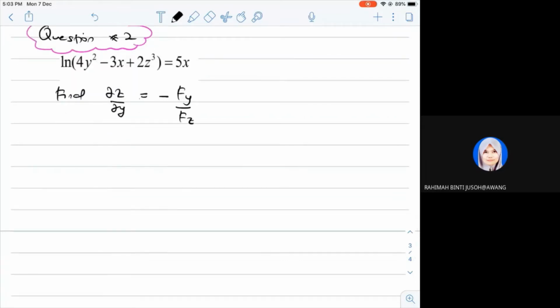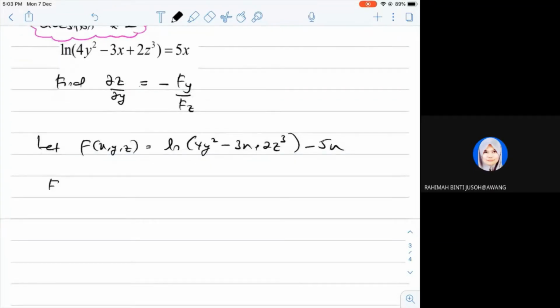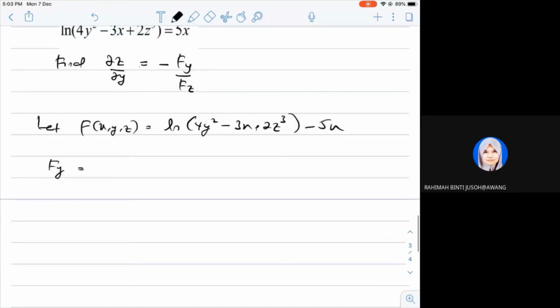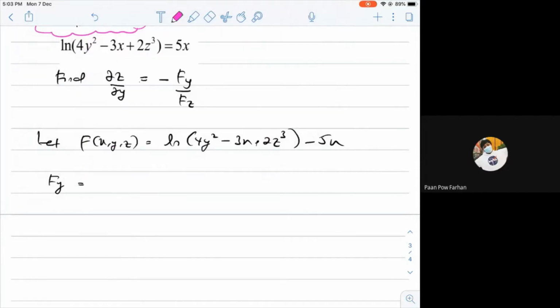Alright, so the first step is we need to let fxyz equals to ln 4y squared minus 3x plus 2z cubed minus 5x. Okay, minus 5x. So next, find fy equals to, okay, differentiate ln: 1 over function.